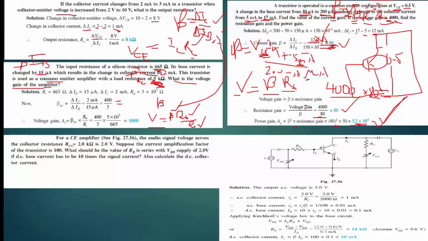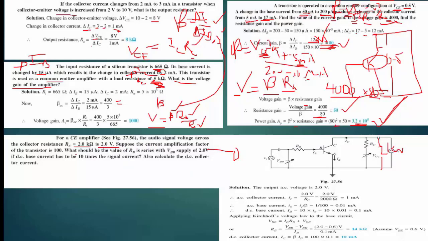Another example that we have a common emitter amplifier, it is shown kwenye hii circuit hapa. The audio signal voltage across the collector resistance of 2 kilo ohms is 2 volts.